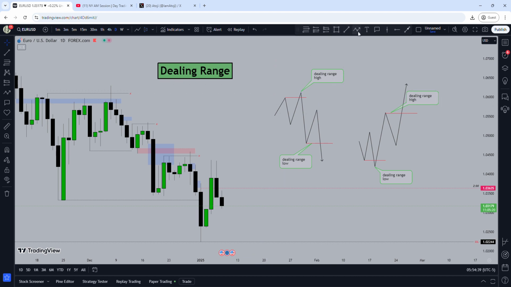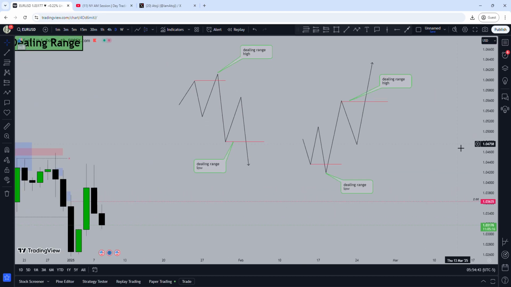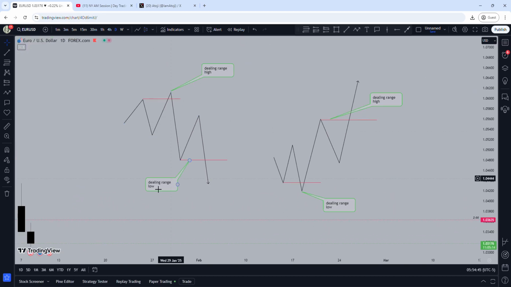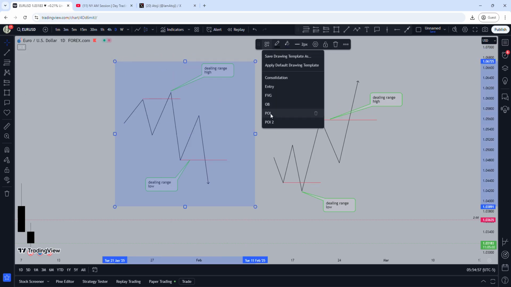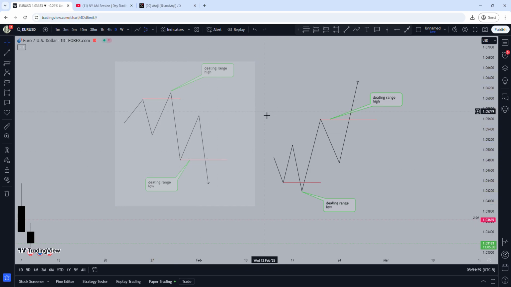So let's say price is bearish as per this market condition now.